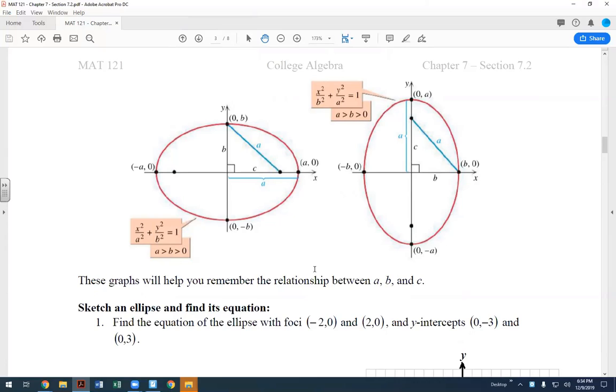So a little bit of your equation will actually change depending on whether the ellipse is horizontal or vertical.